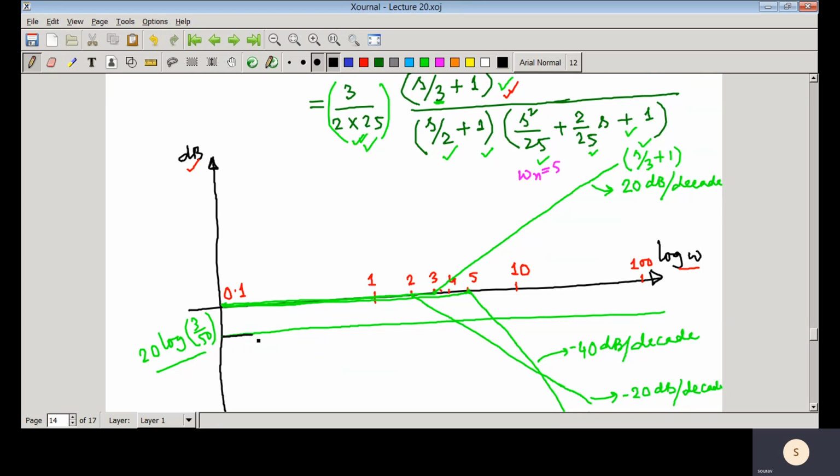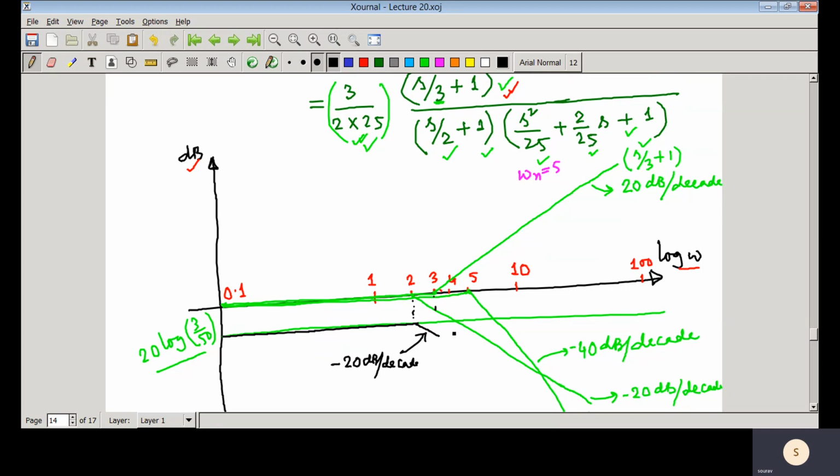So the resultant starts from here, it goes like that and up to 2. Now from 2 to 3, here there is only one slope, and that slope is minus 20 dB per decade.